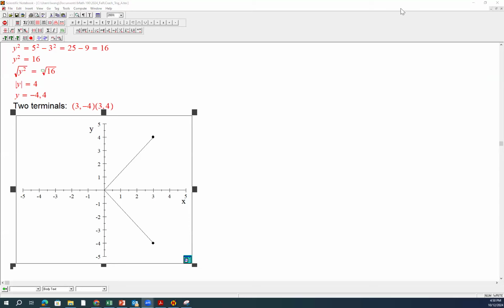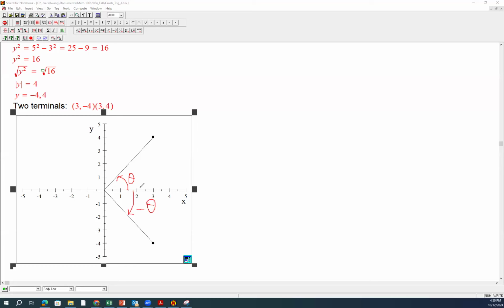So now the question is, if I find 1 terminal, suppose this is an angle, I call it theta, right? And this other one would be negative theta.